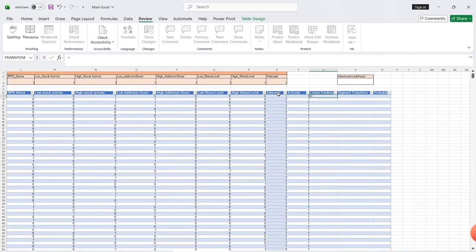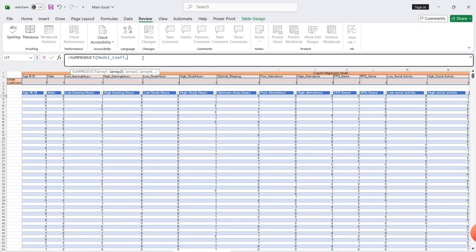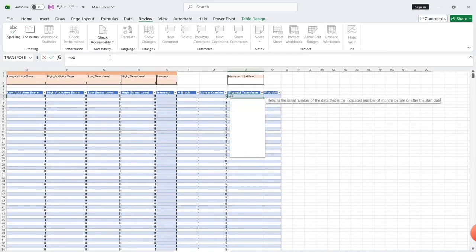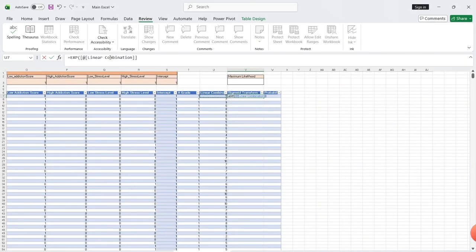Now we take the training set to find the linear combination using the regression formula with all beta values as 1. Then we do the sigmoid transform formula, which is e to the power the linear combination value divided by 1 plus e to the power the linear combination value.